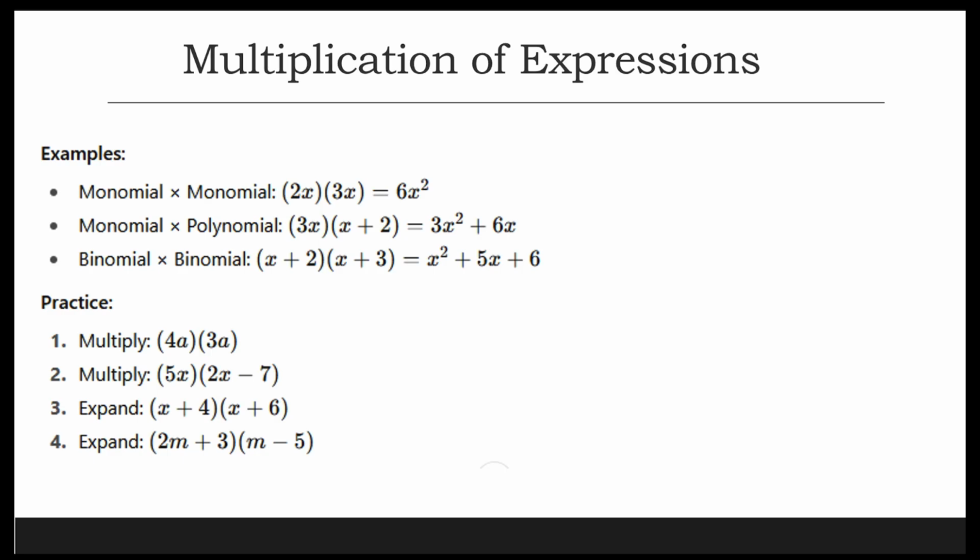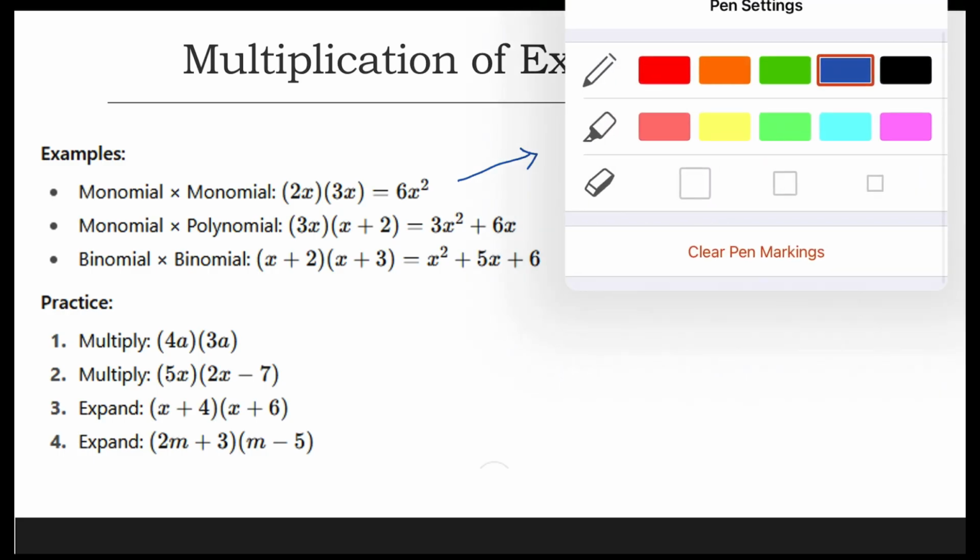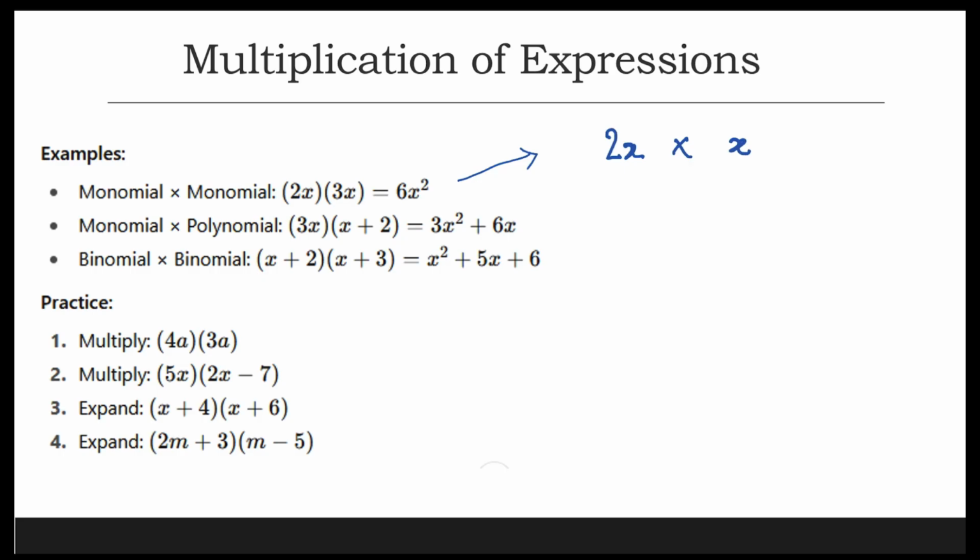Multiplication. Again, multiplication also is quite easy. In case of multiplication, we add the power. So we do not add the coefficient, but we add the power. So let's look at this one where there are two monomials. 2x into 3x, right?